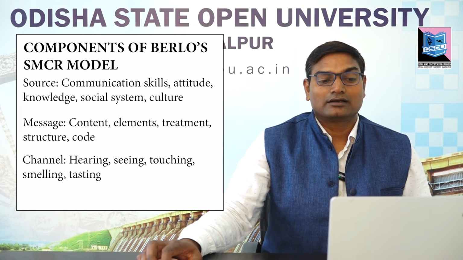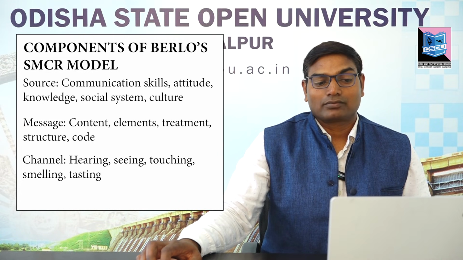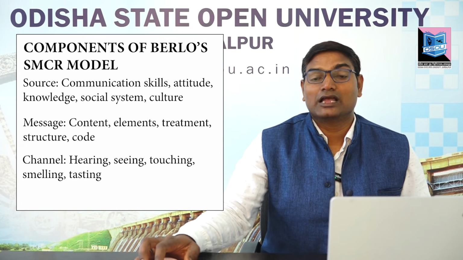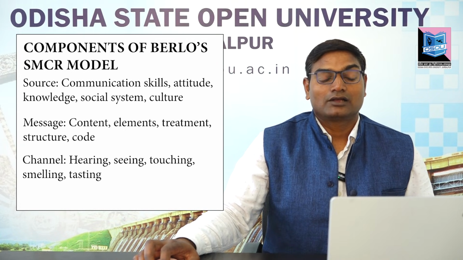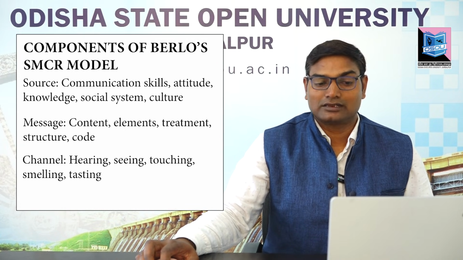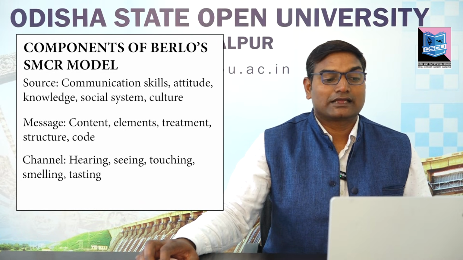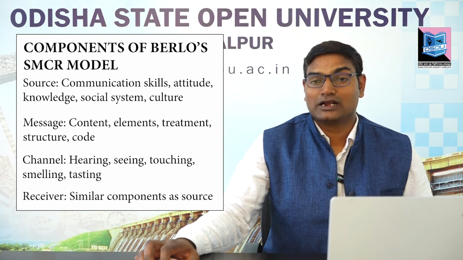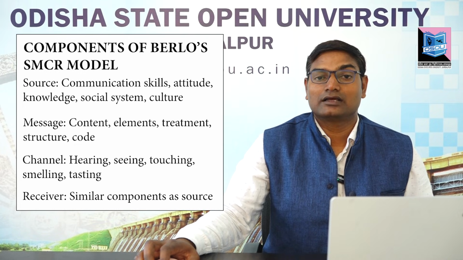The channel refers to the sensory pathways: hearing, seeing, touching, smelling, and tasting, through which the message travels. Effective communication depends on how these components align between sender and receiver.